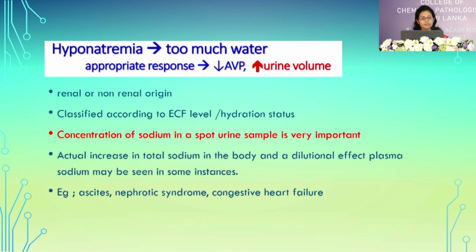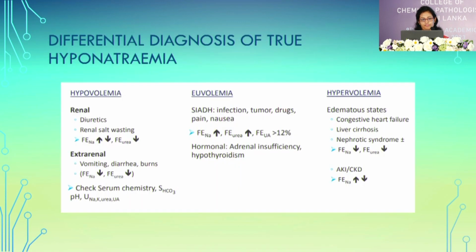Hyponatremia can also be of renal or non-renal origin. They are classified according to the hydration status. And remember, the concentration of sodium in a spot urine sample is very important in this condition. And there are some instances where even the actual total sodium is high in the body, but you will see hyponatremia due to the dilutional effect, and those instances include nephrotic syndrome and congestive heart failure.